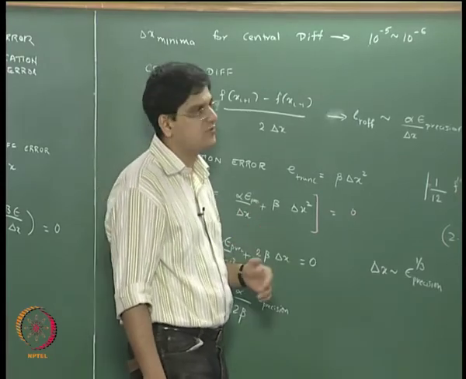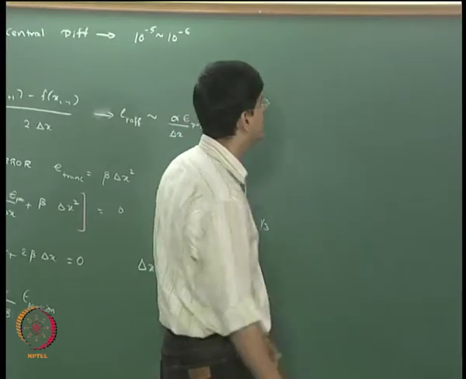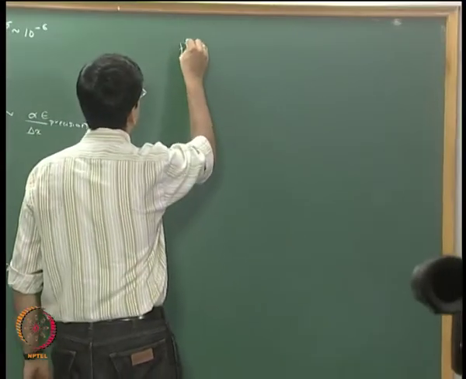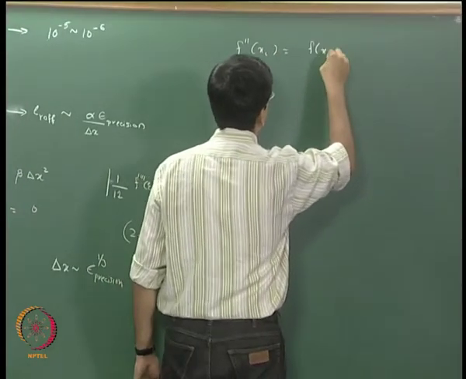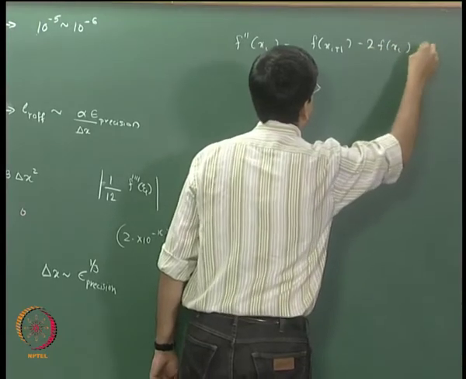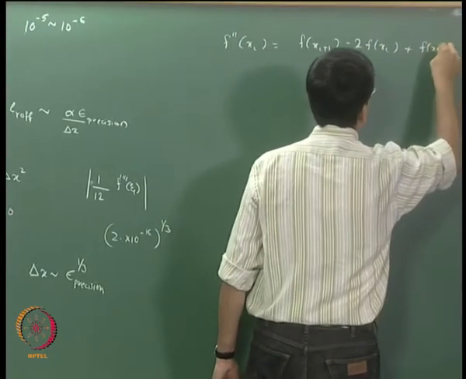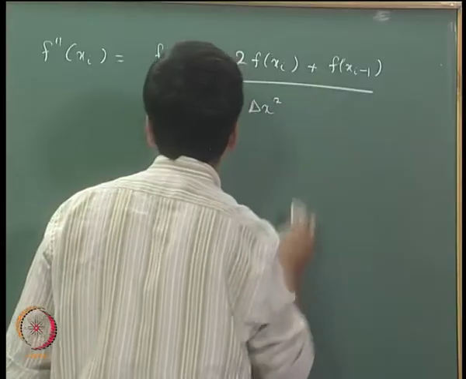In the same manner, we can do error analysis for the central difference formula to get the second derivative. The second derivative is f double dash of xi equal to f of xi plus 1 minus 2 f of xi plus f of xi minus 1 divided by delta x squared.